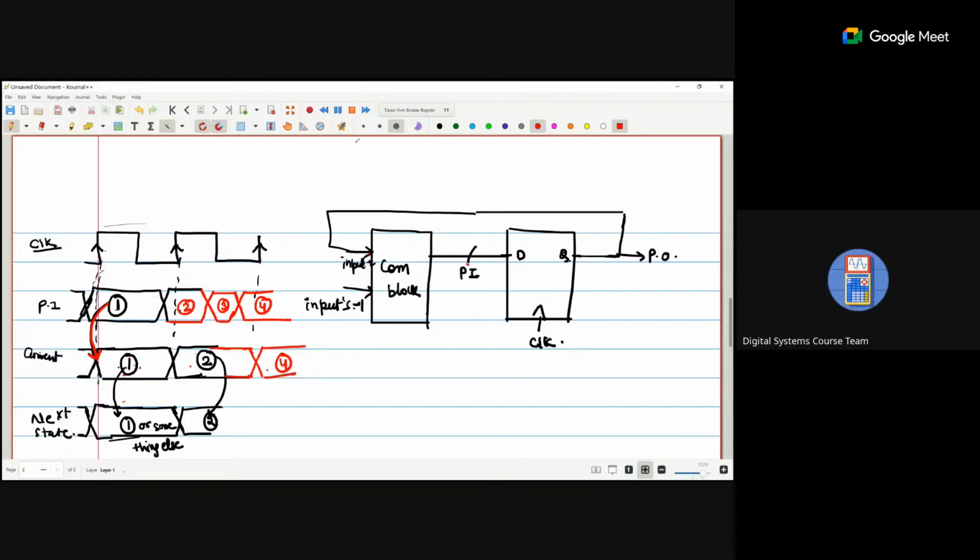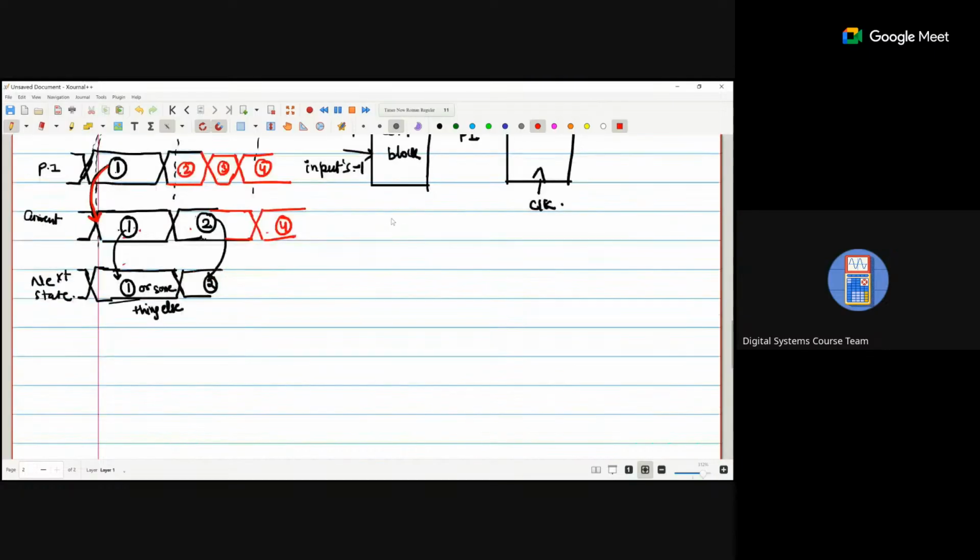That will behave as the present input for the next state, and the next state is different accordingly. So when the present state is 1, my next state is 1. If I take the same timing diagram, I am not defining the next state yet. This 1 will come in this clock pulse. Here we are getting the 1.